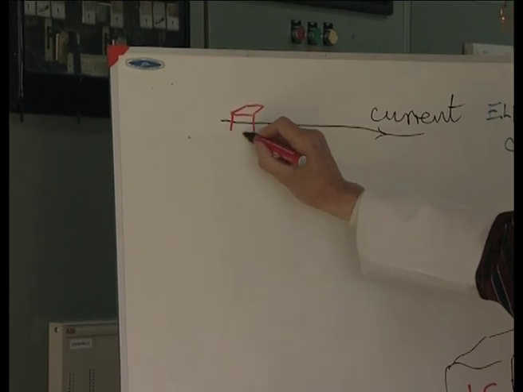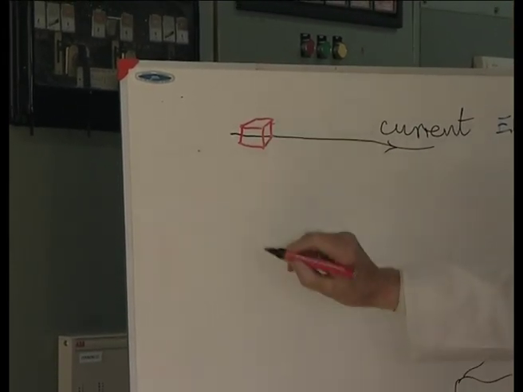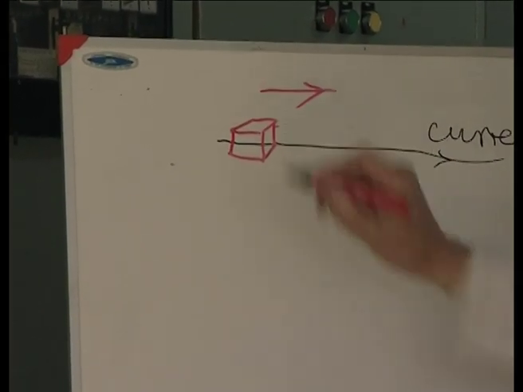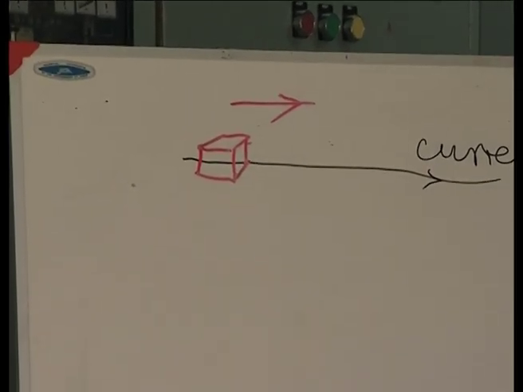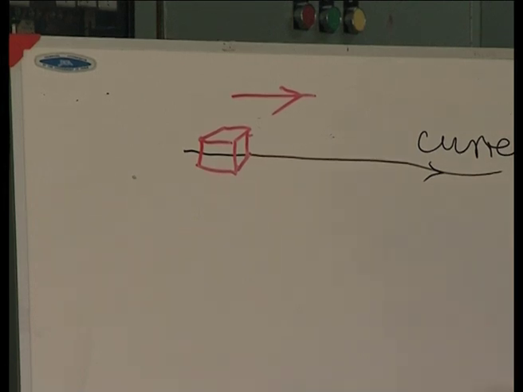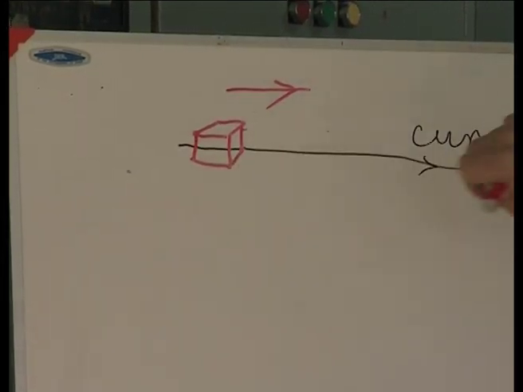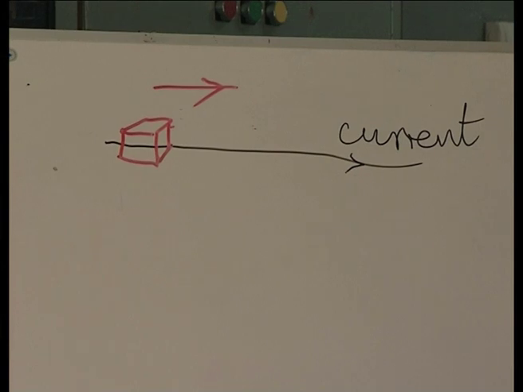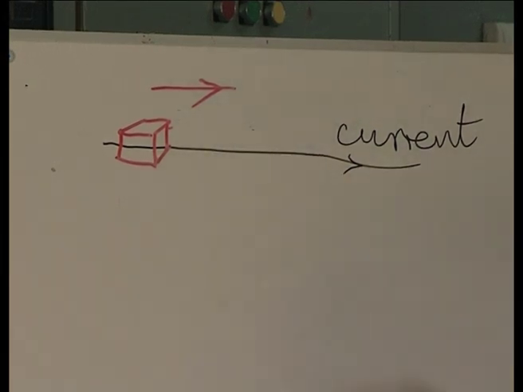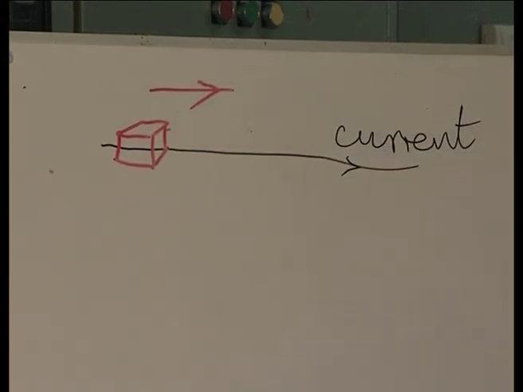Now, there's my little box with a coulomb of electric charge in, flowing down the wire. Well, I don't just get one box, I get a whole sequence of boxes flowing down the wire, each one being 1 coulomb.